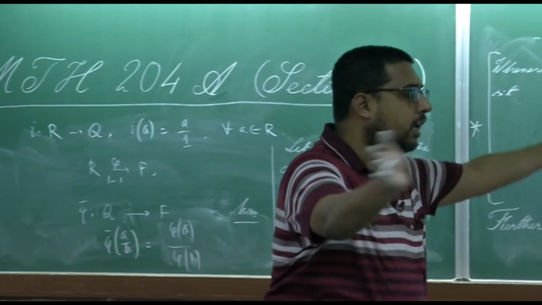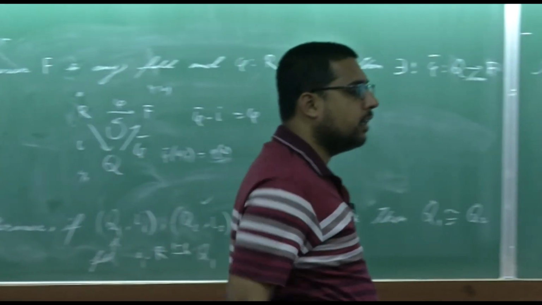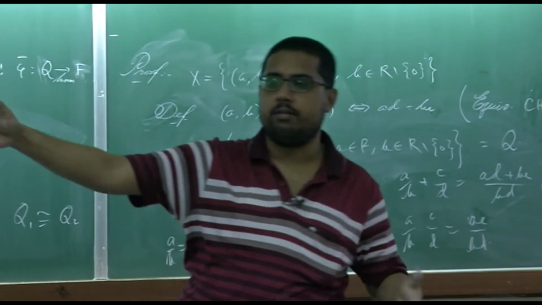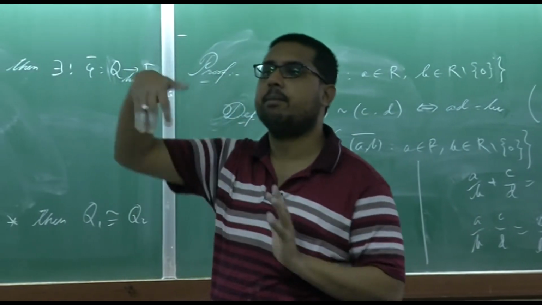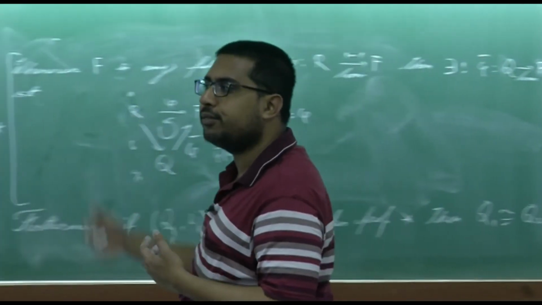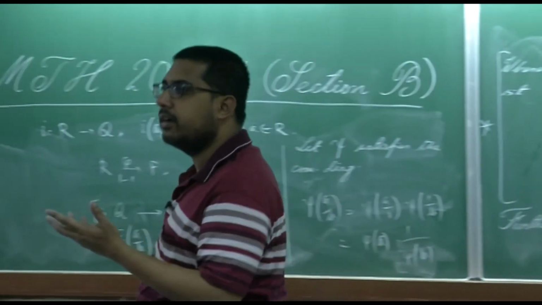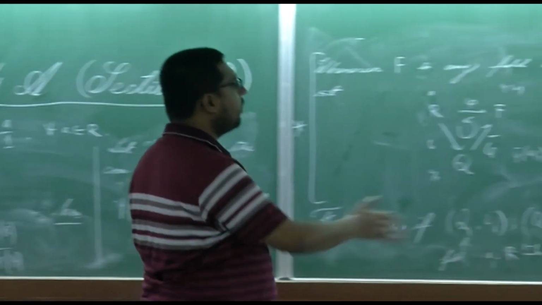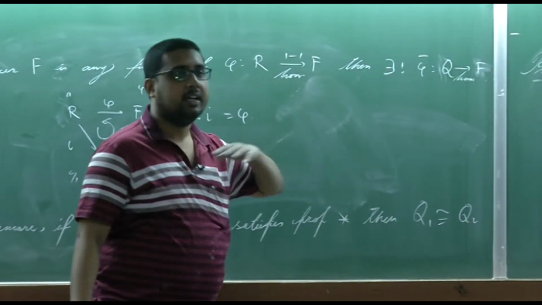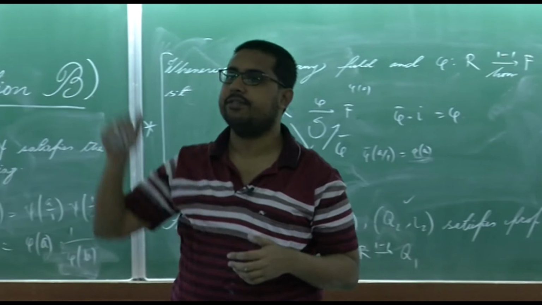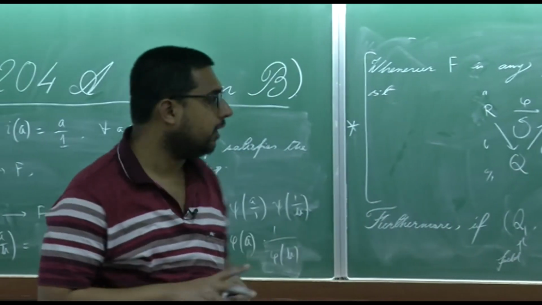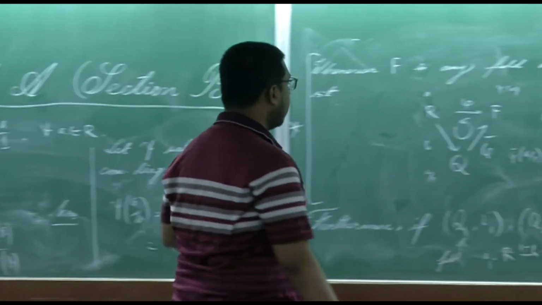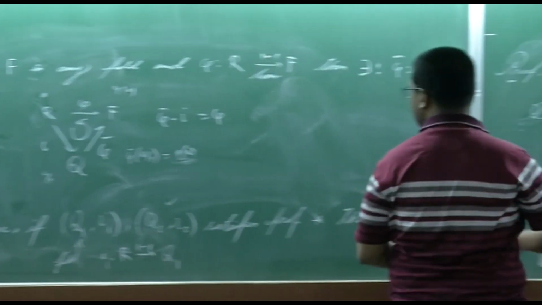Heuristically speaking, if we have a one-one map from R to F, then that map extends to the whole of Q, and that extension is also unique. So given any one-one homomorphism from R to F, it uniquely extends to the whole of Q. That proves the property star.